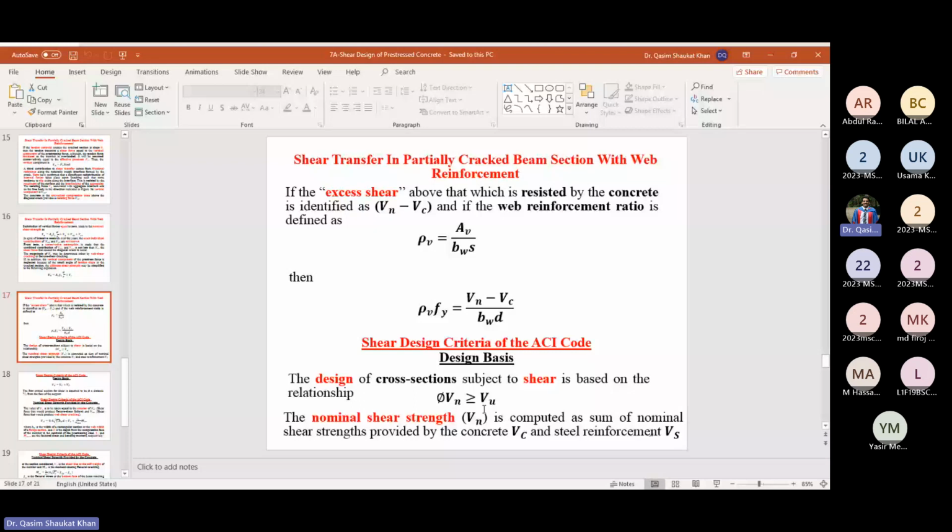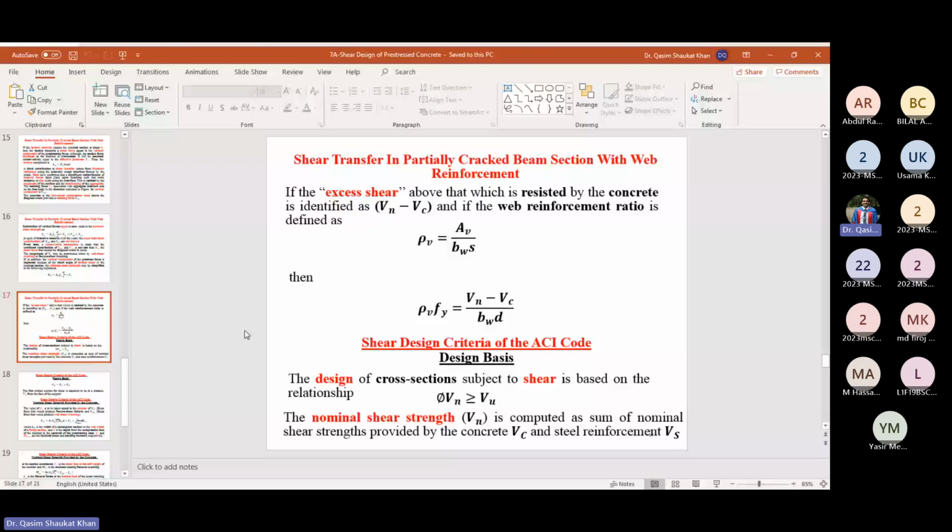This is the general design requirement which we have been studying in all the design subjects. Vn without the strength reduction factor is called the nominal shear strength, which is the sum of the nominal shear strengths provided by the concrete and steel.